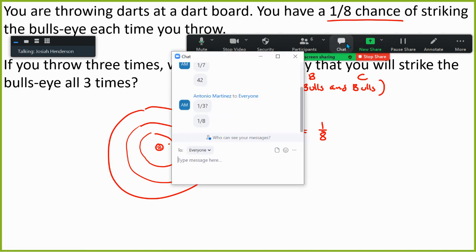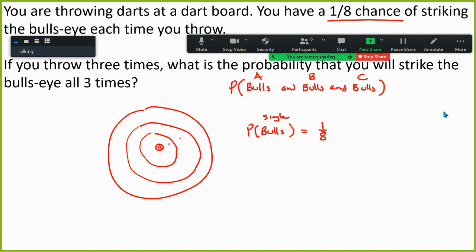Now, if I want to do that 3 times in a row, then that's going to be throwing it and throwing another and throwing another. Now, it's not saying anything about replacing or not replacing, right? We were hoping it would, because that would tell us if it's dependent or independent. Let's say I throw my first dart and I get it, right there in the bullseye.